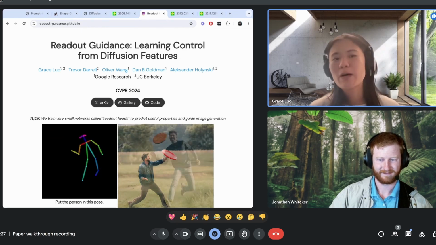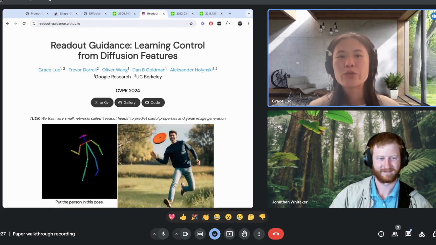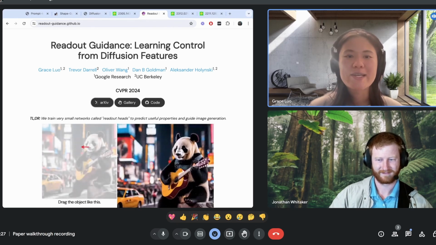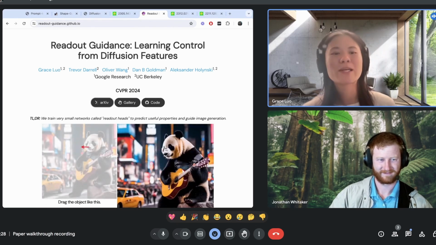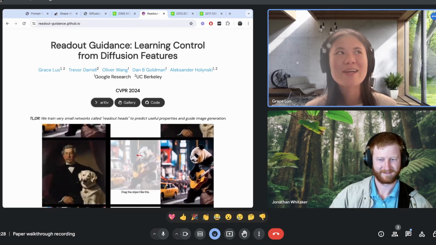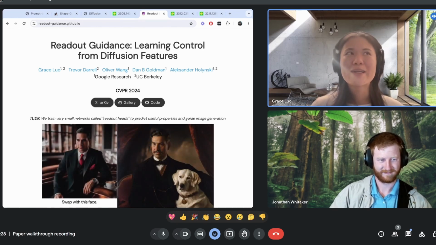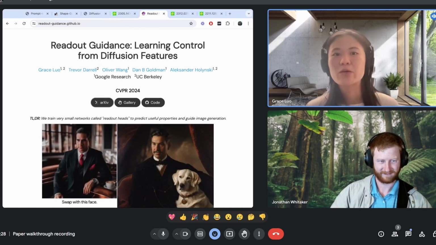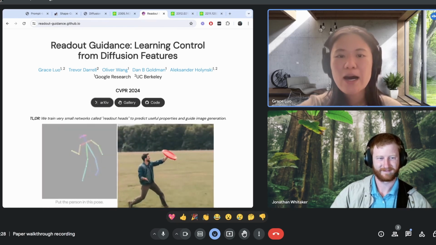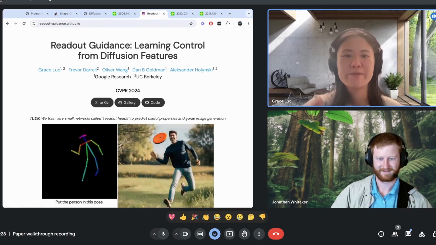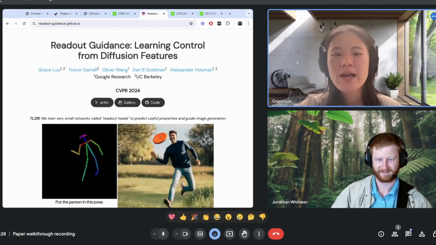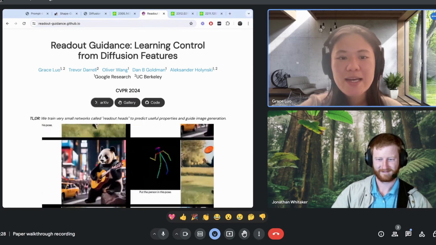So how could you possibly use them to control your generation or make your generation better? The idea is, if my diffusion model can literally tell me the pose of a person, can I use that fact to say, then make the pose of the person like this, according to some input? That was the kind of thing that we developed in this paper and showed how you could go about doing that.